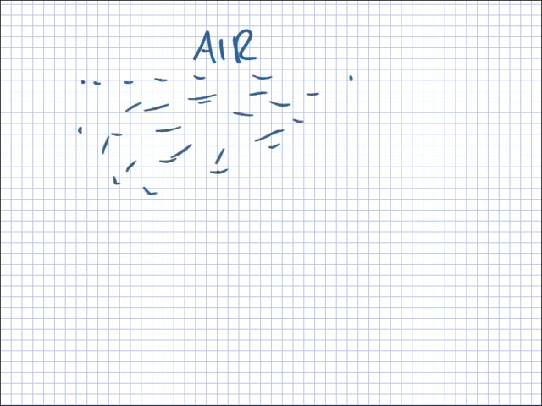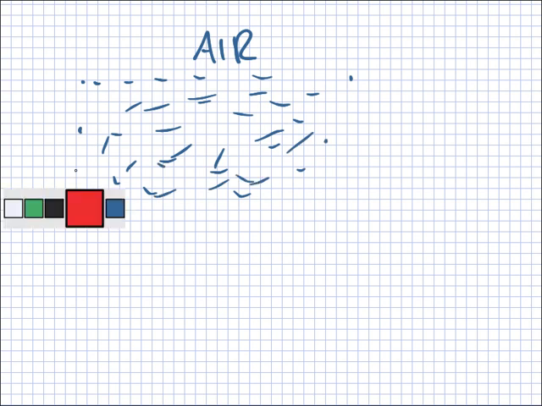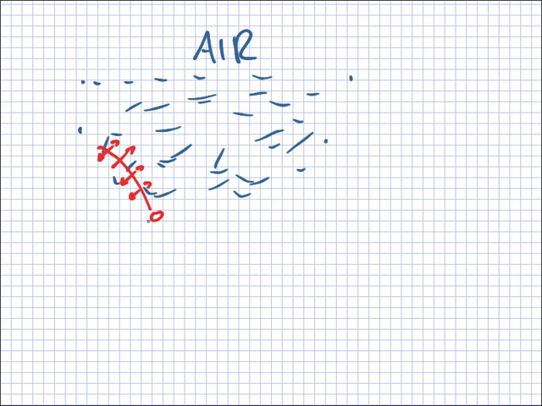Oh, this is really hard, but okay, here's the air. And you have all your particles in the air. And then there's a wave, and what the wave does is it makes the particles vibrate, and then those particles that are vibrating hit a neighbour particle and make that one vibrate, and then that hits a neighbour and makes that one vibrate.